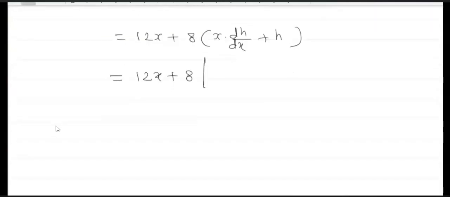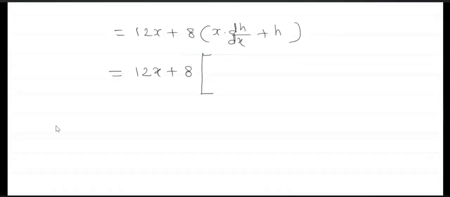That is 12x plus 8, with x into the value of dh upon dx, minus 2h upon x, plus h.